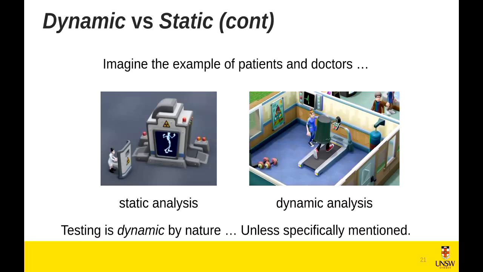It's very weird to say dynamic testing, because testing is by nature dynamic. In some textbooks, people may say testing could be static, but there are some corner cases. So in the rest of this course, unless specifically mentioned, we consider testing as a dynamic software analysis technique.